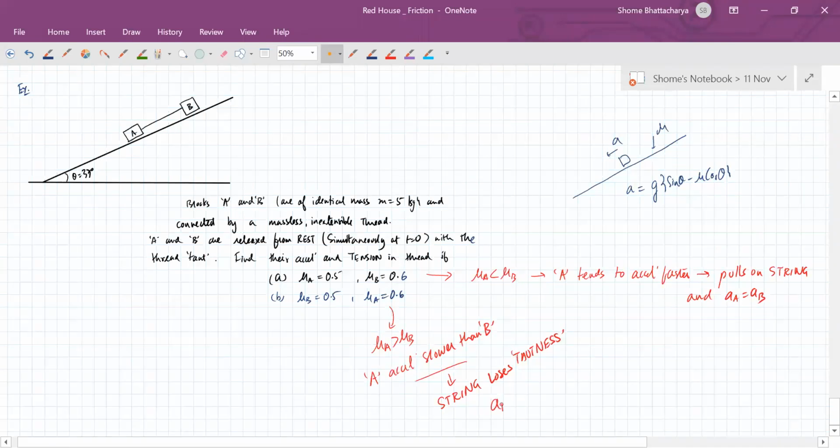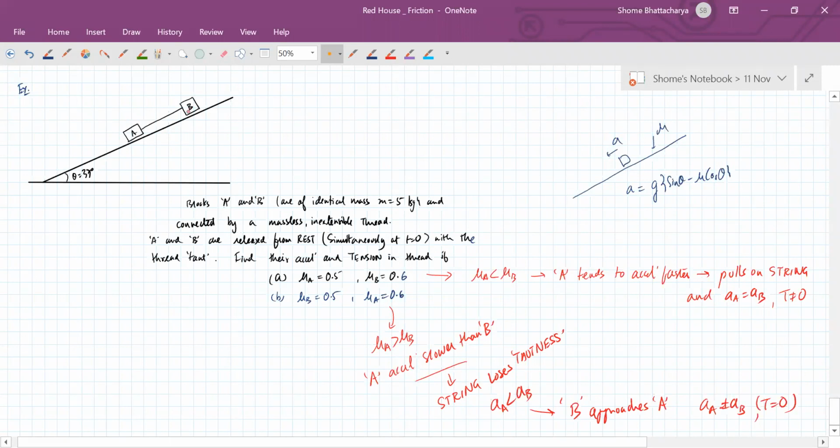And acceleration of A is less than acceleration of B. So basically, B starts to approach A and eventually might collide also. So in this case, acceleration of A will not be equal to acceleration of B, but tension will be zero because the string has become slack. Whereas in the first case, they'll have common acceleration, but the tension will not be zero.